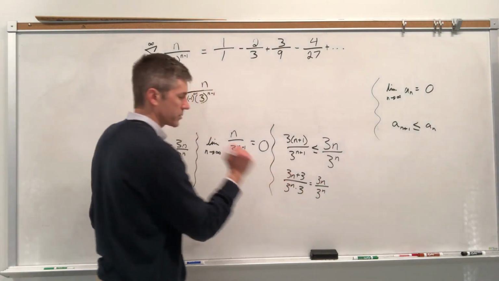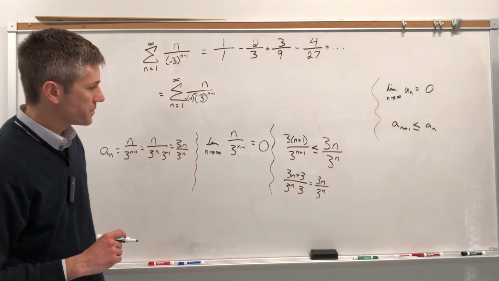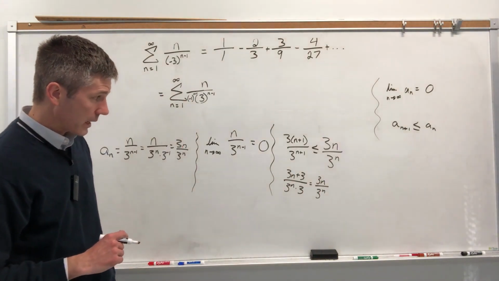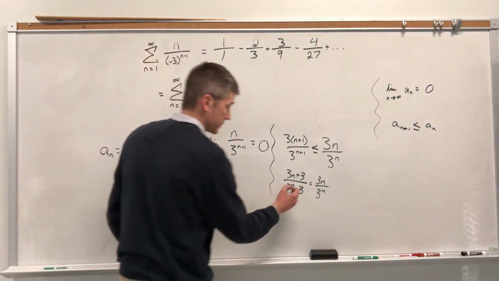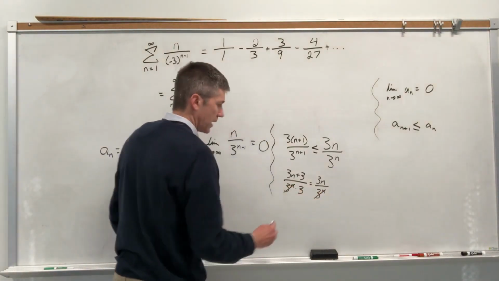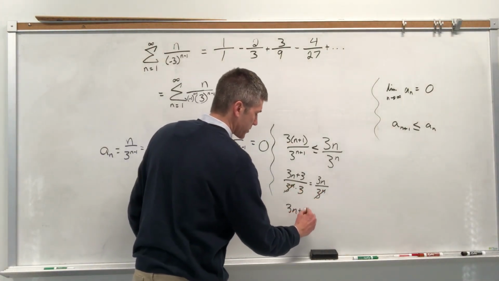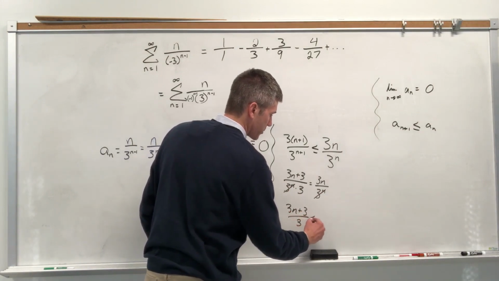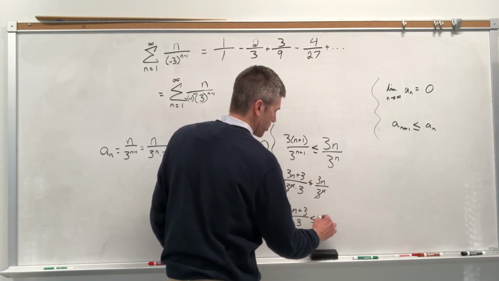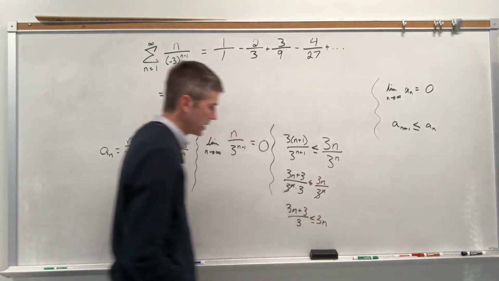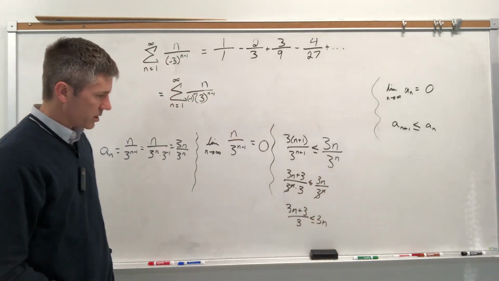I believe we can multiply everything by 3 to the n, and it would cancel those. And I would have 3n plus 3 over 3, which would be, whoops, I put equal here. That should be less than or equal to 3n. And then we'll just keep going with this thing.